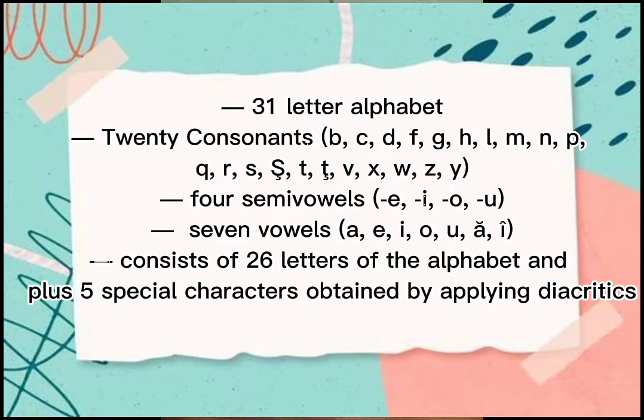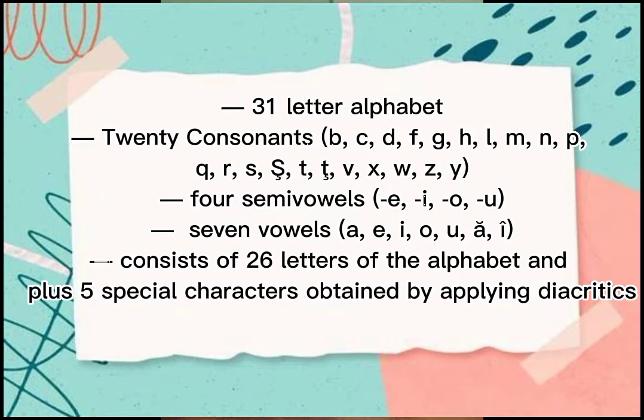The Romanian language structure, process, and alphabets. The Romanian alphabet is a 31-letter alphabet of the modern Romanian language, which consists of 20 consonants.